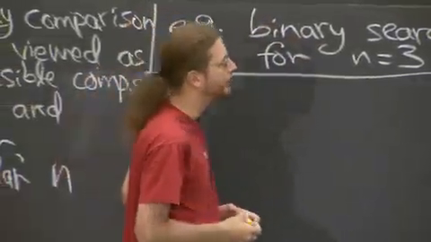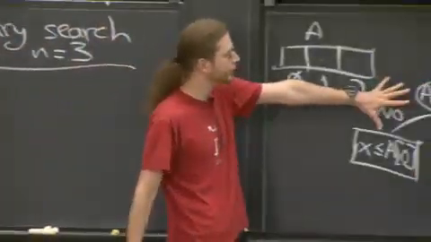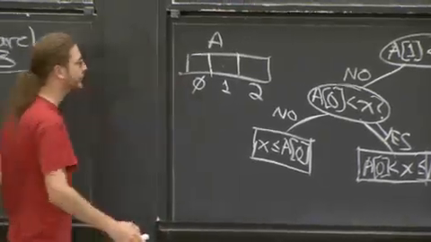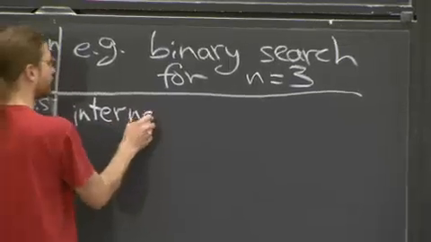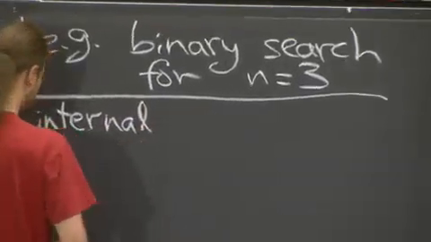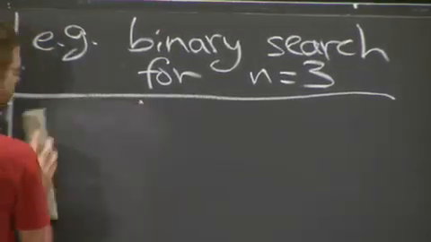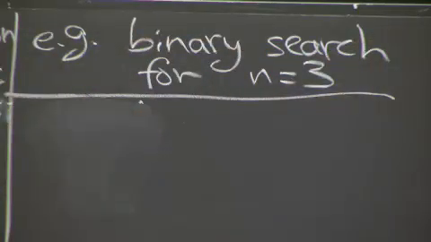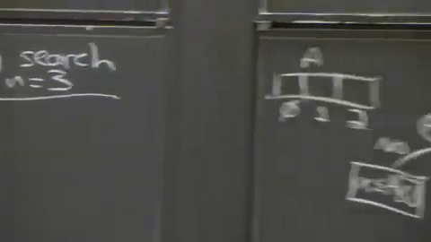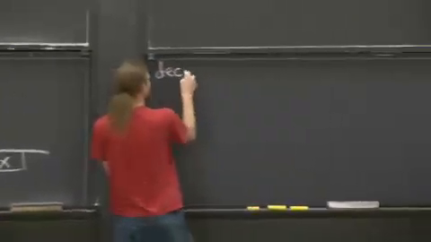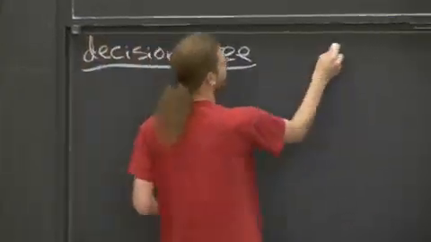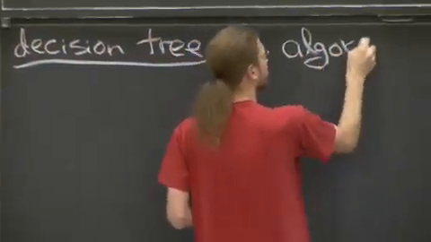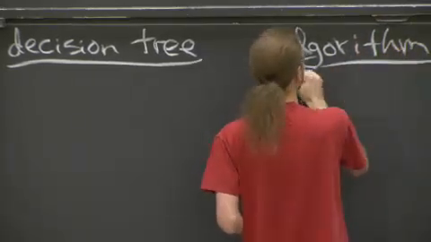OK, so let me talk about some features of this tree versus the algorithm. So we have a decision tree, and we have an algorithm that decision tree represents.